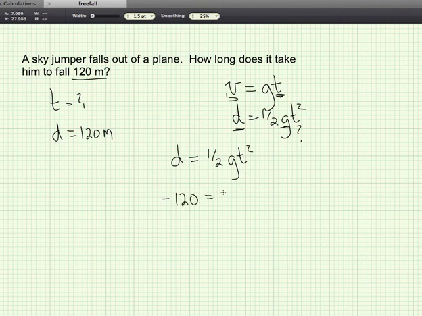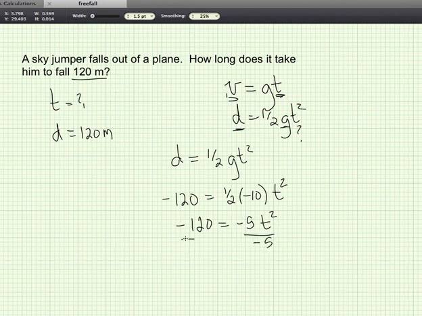So we have -120 equals 1/2 times -10 times t squared, which is really going to give me -120 equals -5 t squared. Now I want to solve for t, so I'm going to divide both sides by -5. And when I do that, look at what happens to the negative signs. They cancel out.